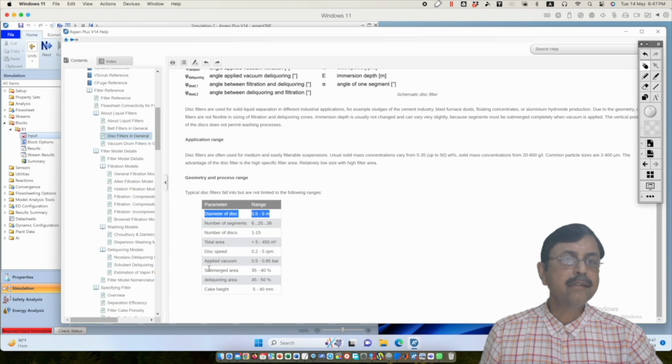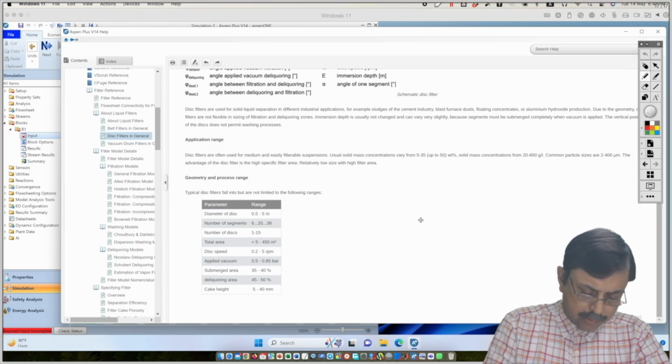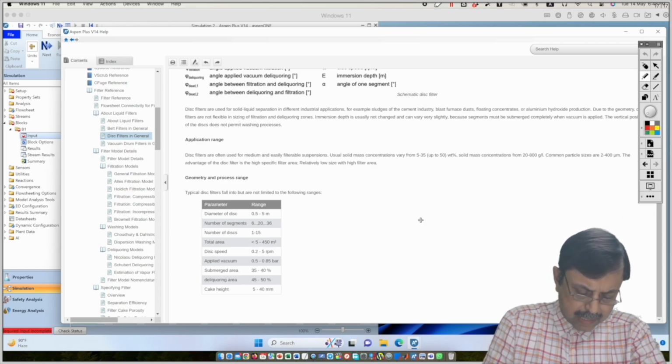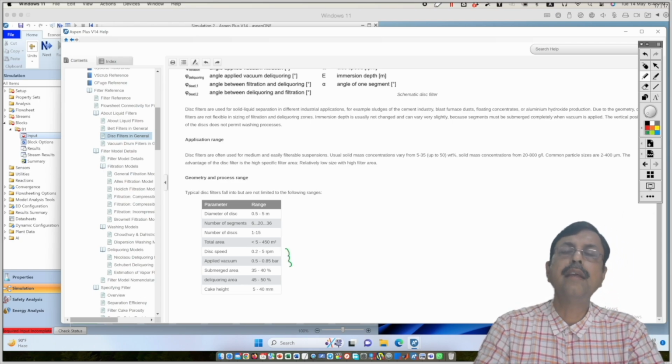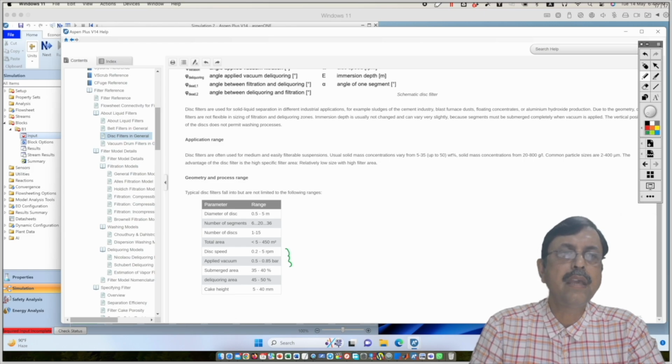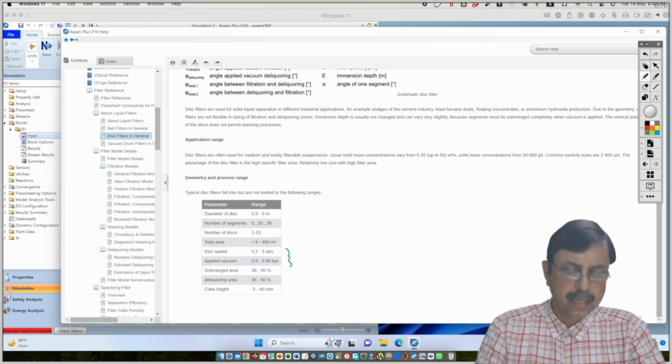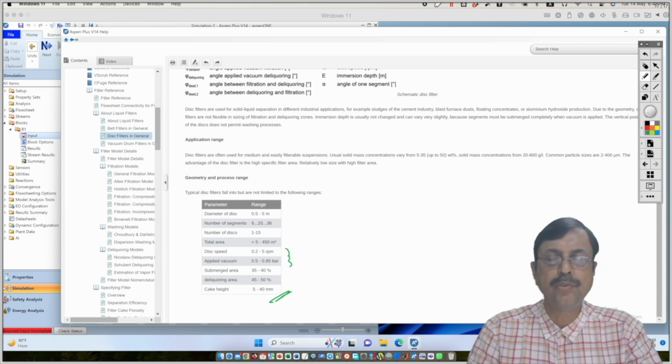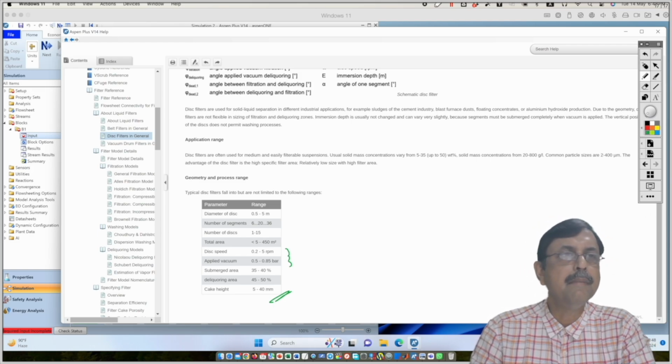Total area, disc speed, applied vacuum: now these things are quite similar to the rotary drum filter. In the case of rotary drum filter also, we have seen the rotating speed is less than 5 rpm or so. Applied vacuum is also in the same range. Okay, cake height also is 5 to 40 millimeter.